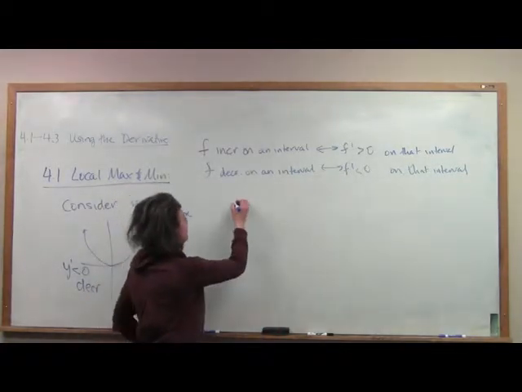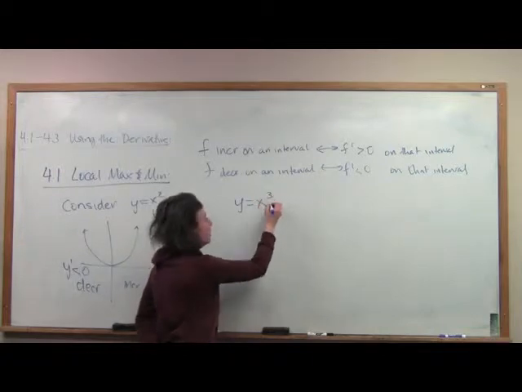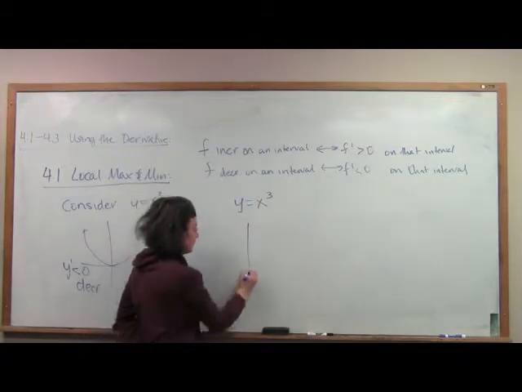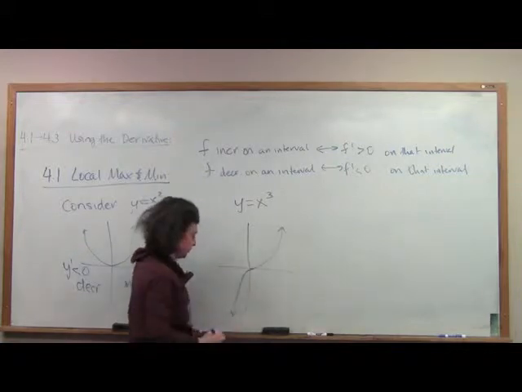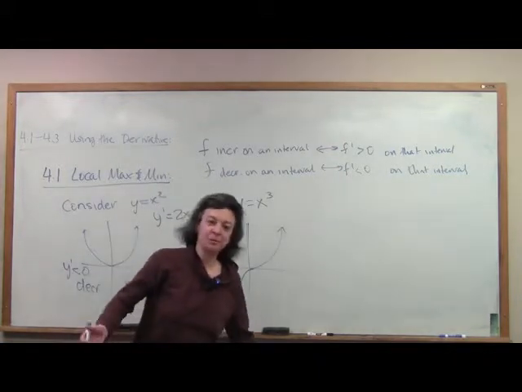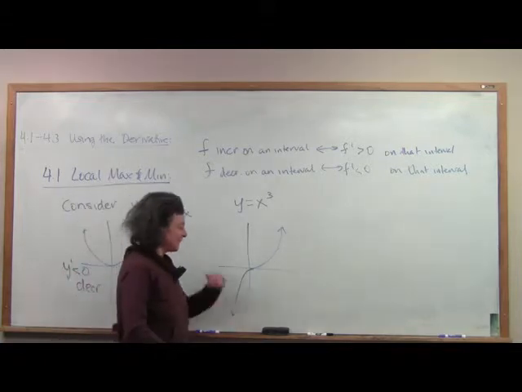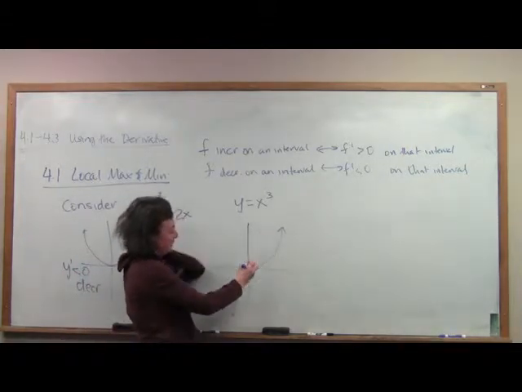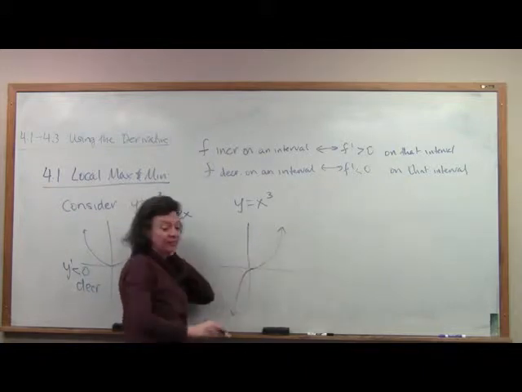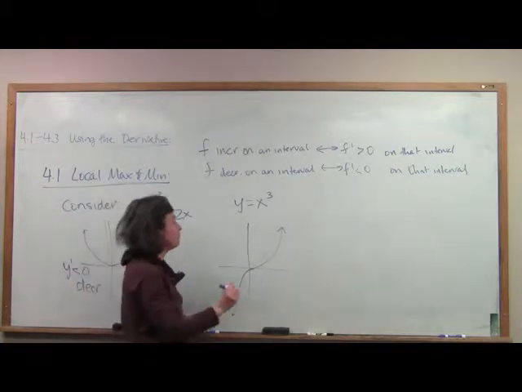Now let me say one other thing. Let's take, for example, our cubic function. We know what the graph looks like. I always call that my John Travolta function, from that, in my humble opinion, terrible movie from the 70s. But anyhow, we have y equals x cubed. I think you'll grant me that this function is increasing everywhere.